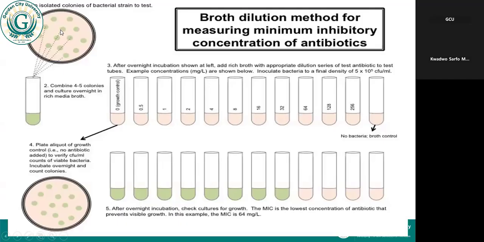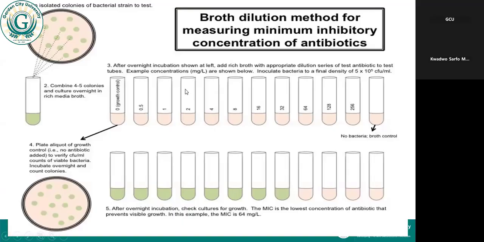So once the lab person identifies the bacteria, they pick about 4 or 5 of them and then put them in a liquid medium, a broth. Then they mix gently to have a uniform solution.